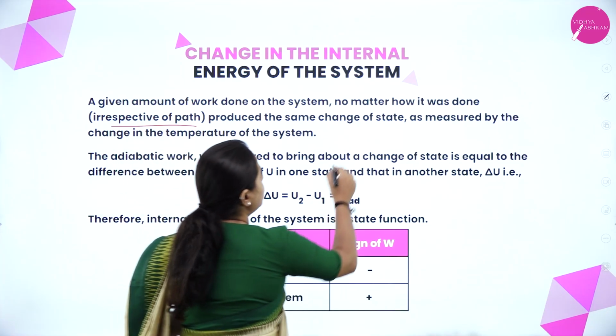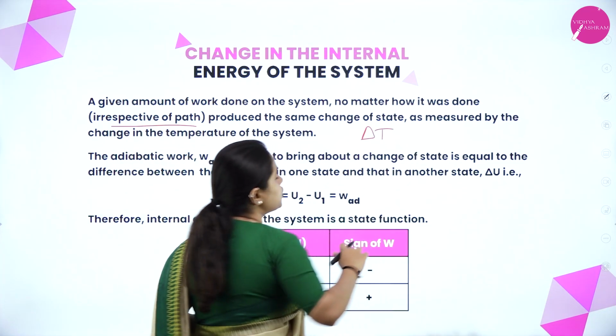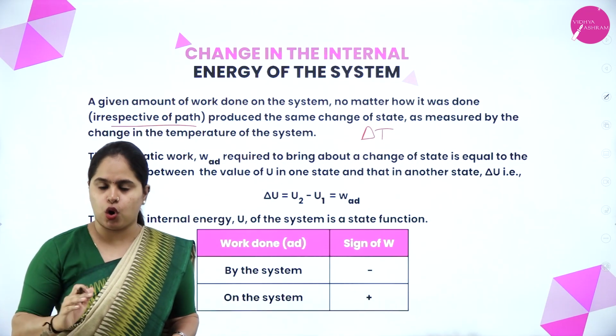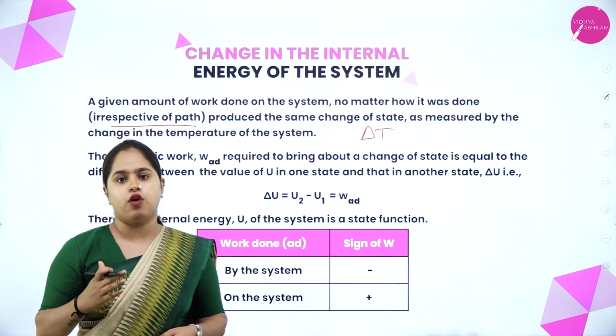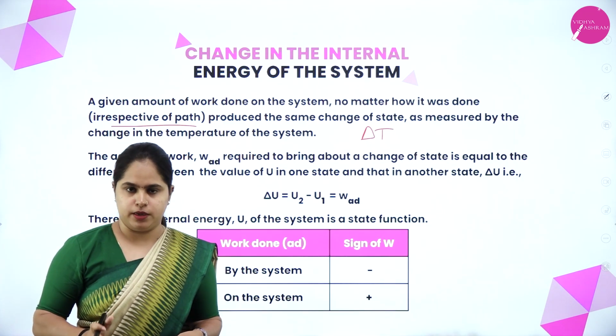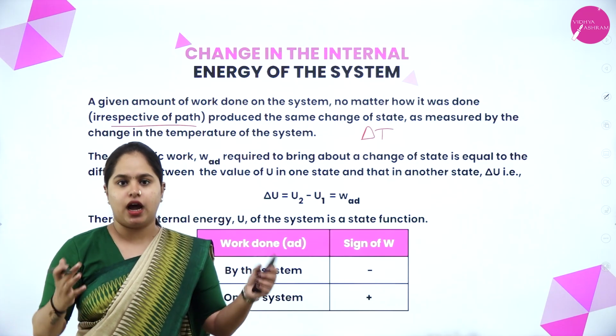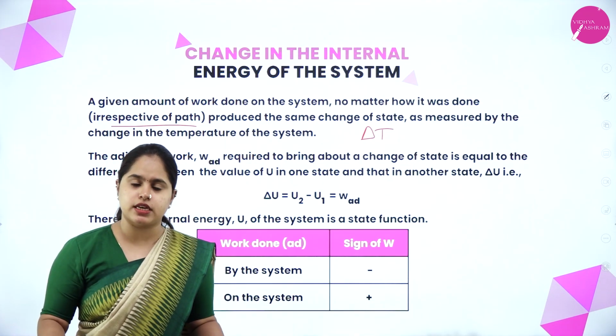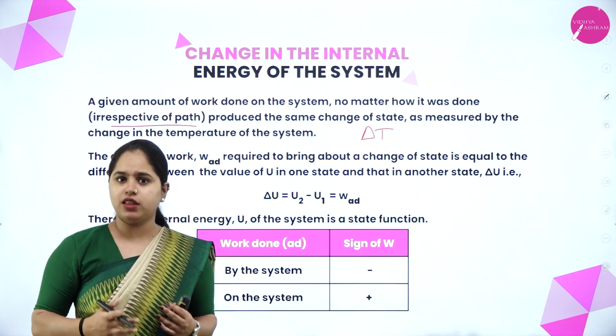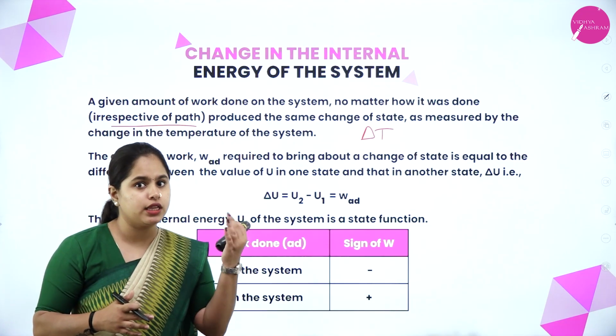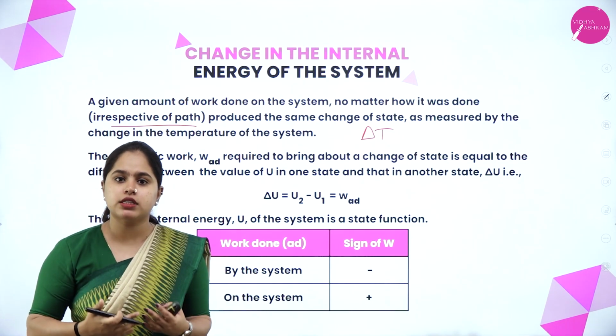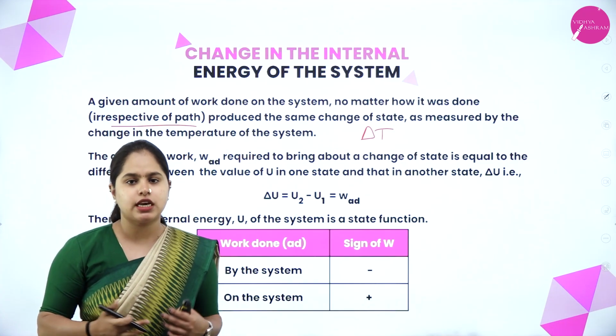So delta T changes, and based on that the internal energy also changes, irrespective of what kind of work I have done. It does not depend on the path followed, only on the initial and final state. Hence internal energy is a state function.